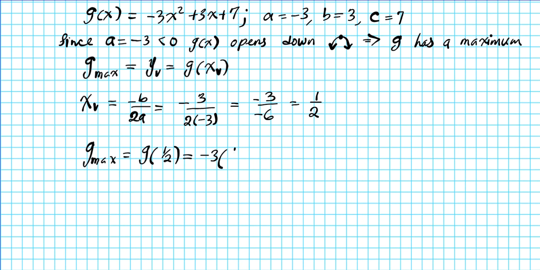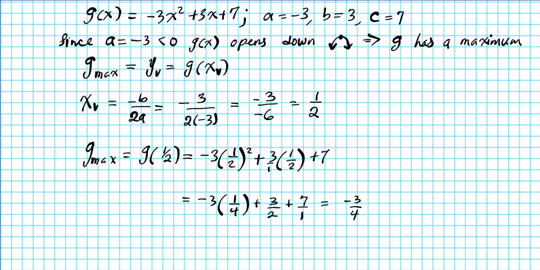So we have negative 3 times 1/2 squared plus 3 times 1/2 plus 7. Now, using the order of operations, we're going to have negative 3. 1/2 squared is a quarter, okay? Plus, put this as 3 over 1, multiply horizontally, 3 over 2 plus 7 over 1. This can be simplified further into negative 3 over 4 plus 3 over 2 plus 7 over 1.